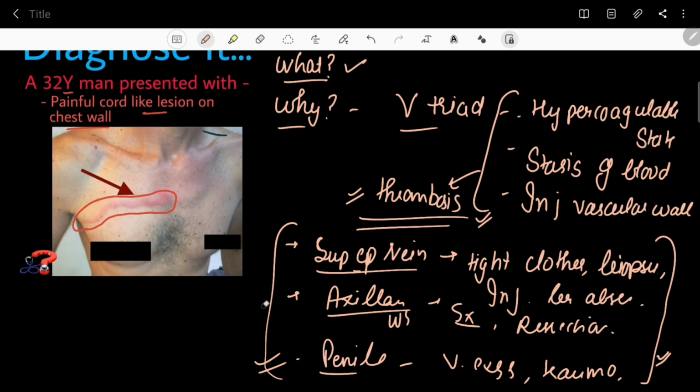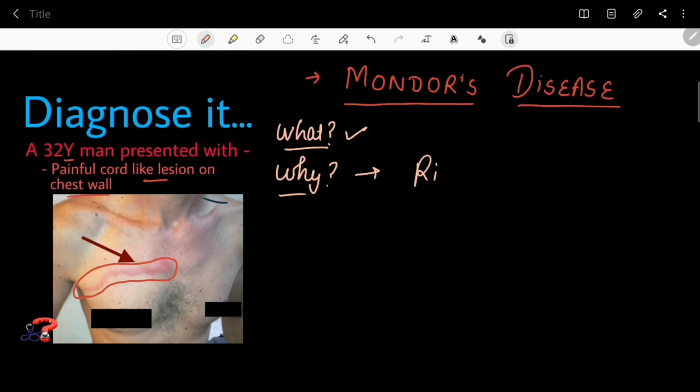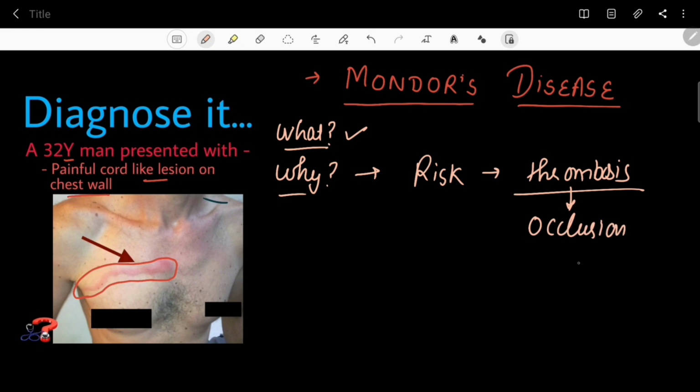Now let's discuss what happens. When the risk factors are present, thrombosis develops. After that there is occlusion, and fibrin is deposited. Along with fibrin, various inflammatory cells like neutrophils and macrophages are also deposited.